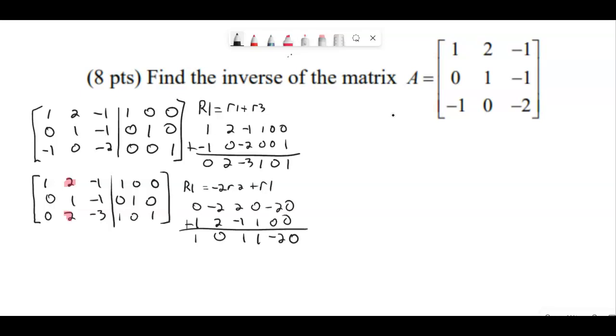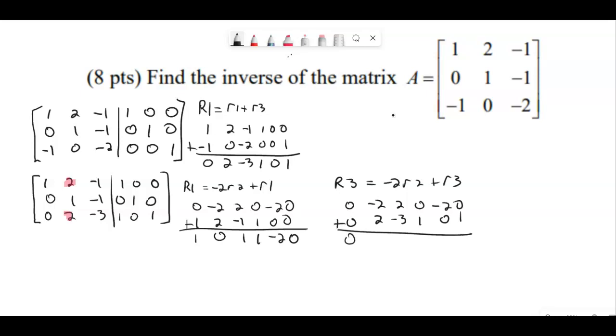And we can get a new row 3 by negative 2 row 2 plus row 3. That would be 0, negative 2, 2, 0, negative 2, 0. And row 3, 0, 2, negative 3, 1, 0, 1. Adding these up, we get 0, 0, negative 1, 1, negative 2, 1.